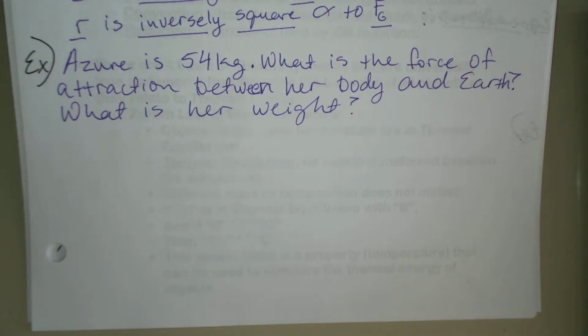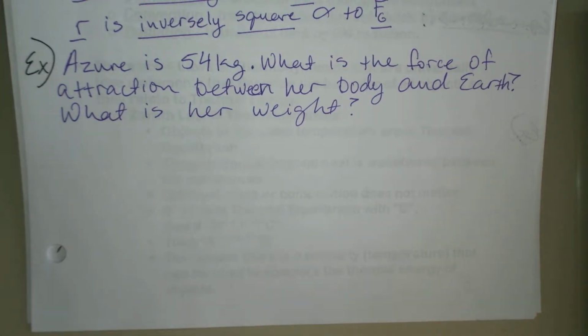All right, so we're going to do an example problem. Azure is 54 kilograms. What is the force of attraction between her body and Earth, and what is her weight? To solve this, you need to know the mass of Earth and the radius of Earth, because that's the body of mass that Azure is attracted to.